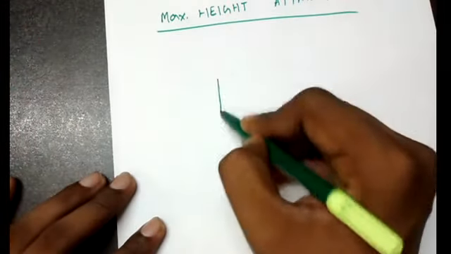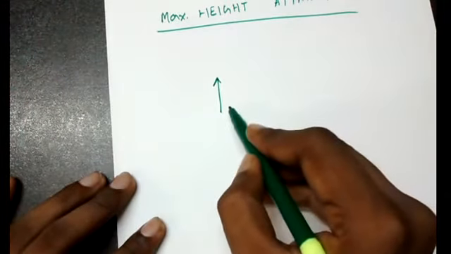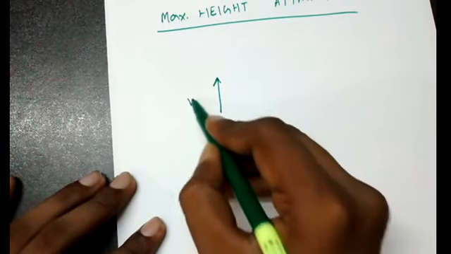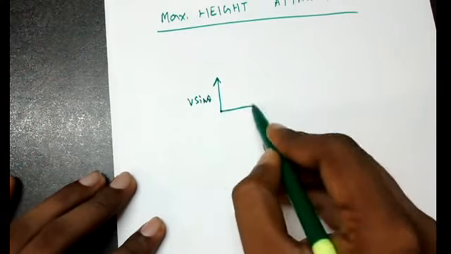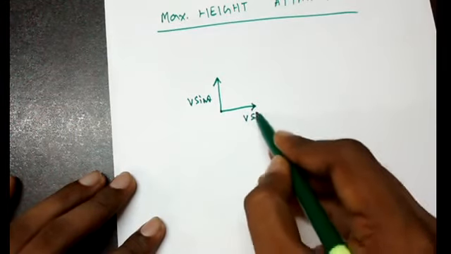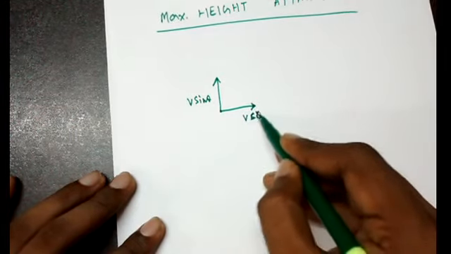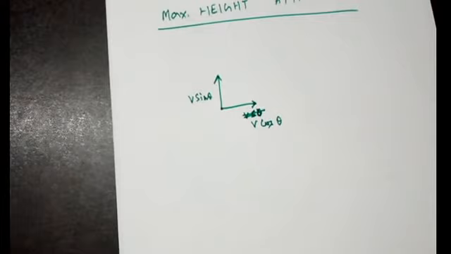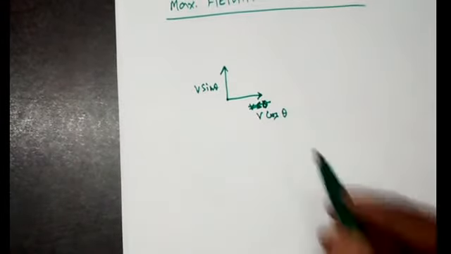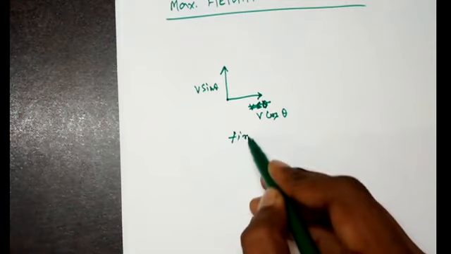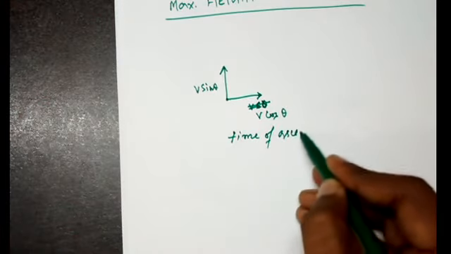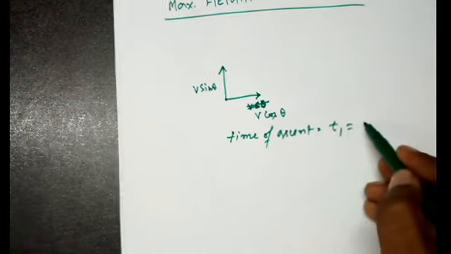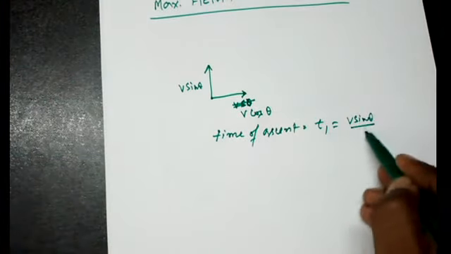In the upward motion there is a component v sin theta, and in the horizontal motion there is a velocity component v cos theta. We know very well that the time of ascent t1 is equal to v sin theta divided by g.